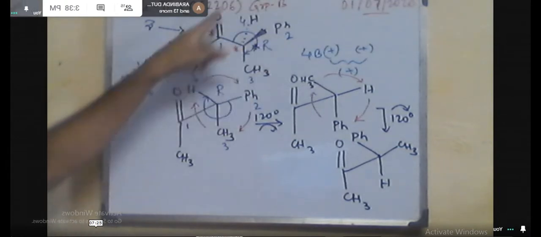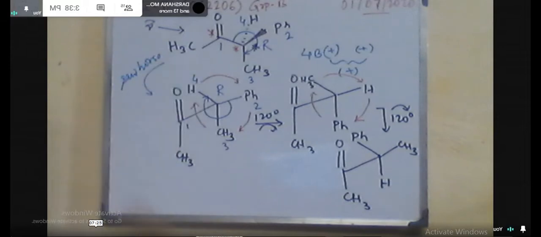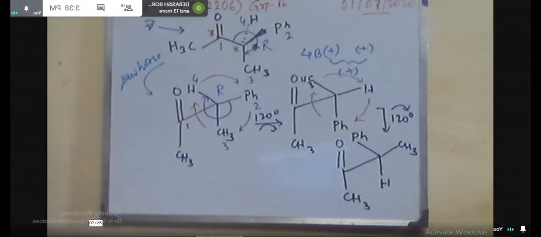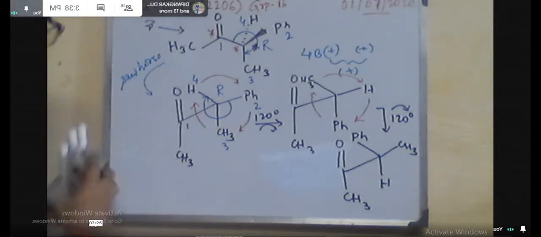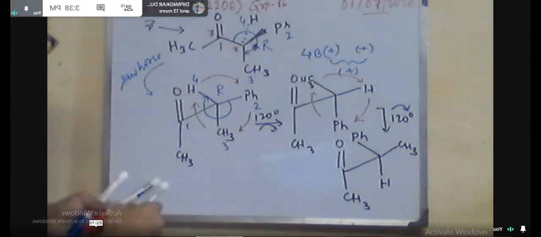So in Cram's model, if I designate here, you can see that the phenyl group is the largest group among these 3. So this is the large group, this is the medium group, and this one is the small group.